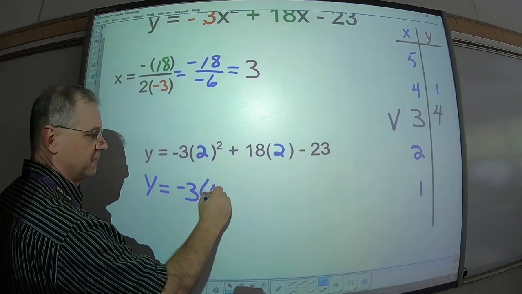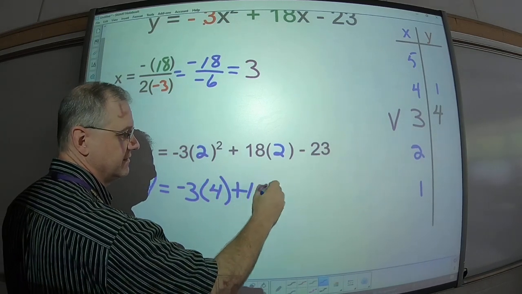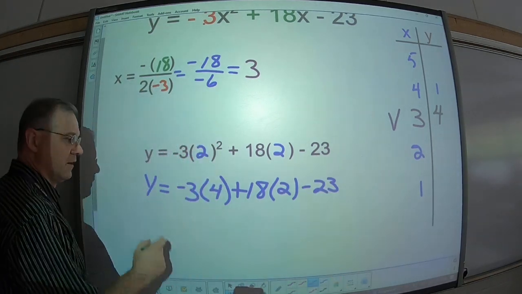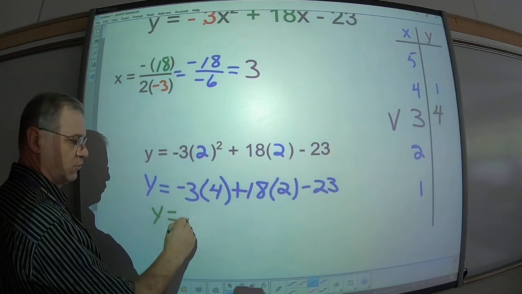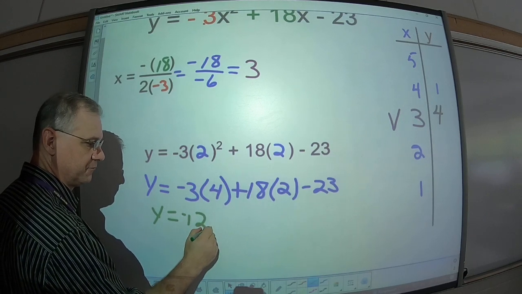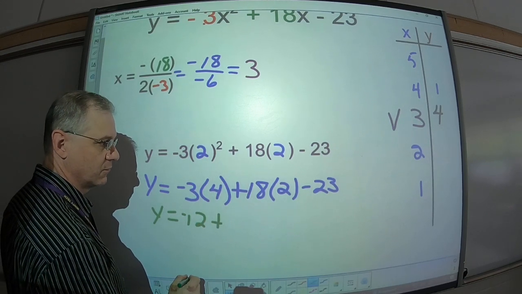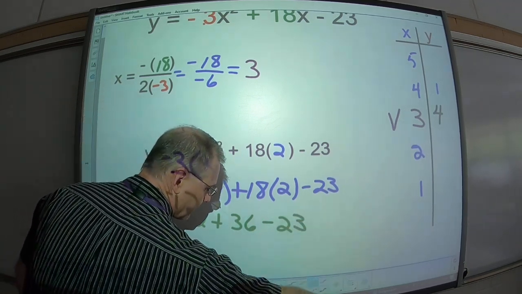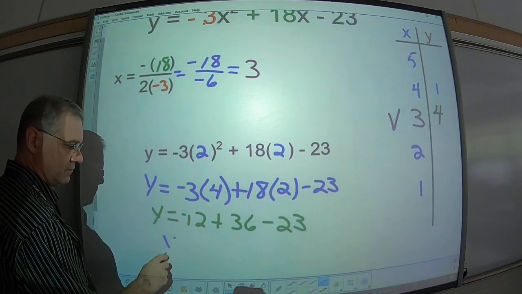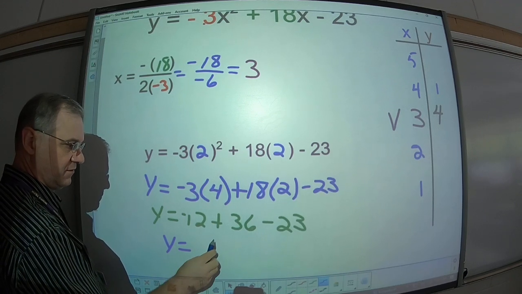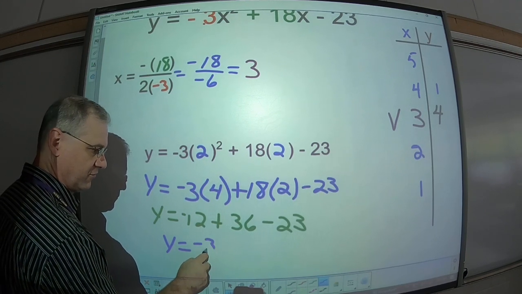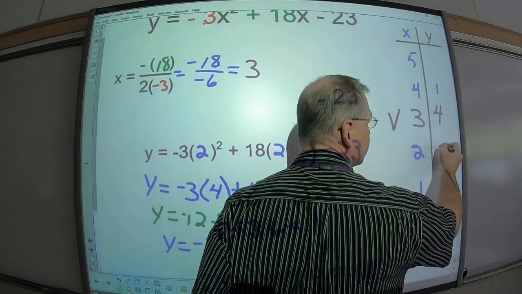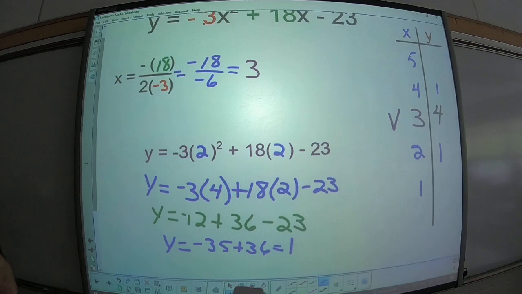Negative 3 times 4, plus 18 times 2 minus 23. Negative 12 plus 36 minus 23. Let's see, negative 35 plus 36 is 1. Sure enough, they come out to the same thing.